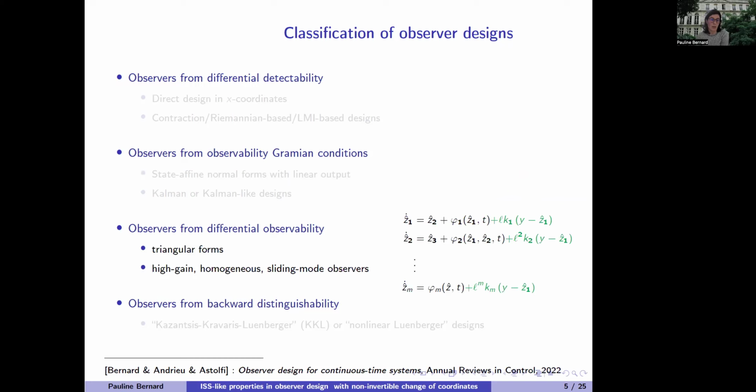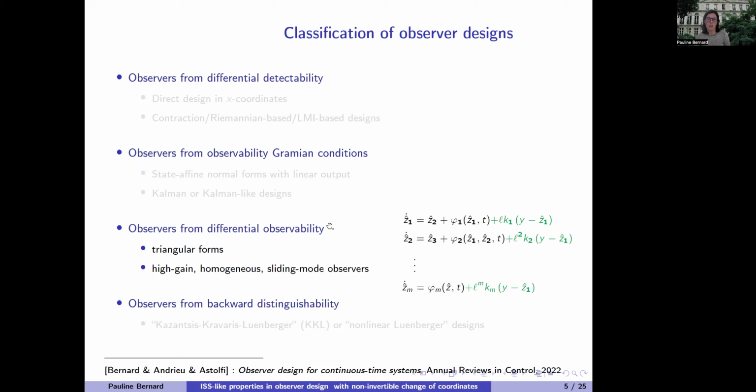Then a great part of the literature is the observer designs based on differential observability and triangular forms. So the idea here is to look at the output and its successive derivatives, and to say that if the output and its successive derivatives are enough to reconstruct the state, then I can just try to reconstruct those derivatives.